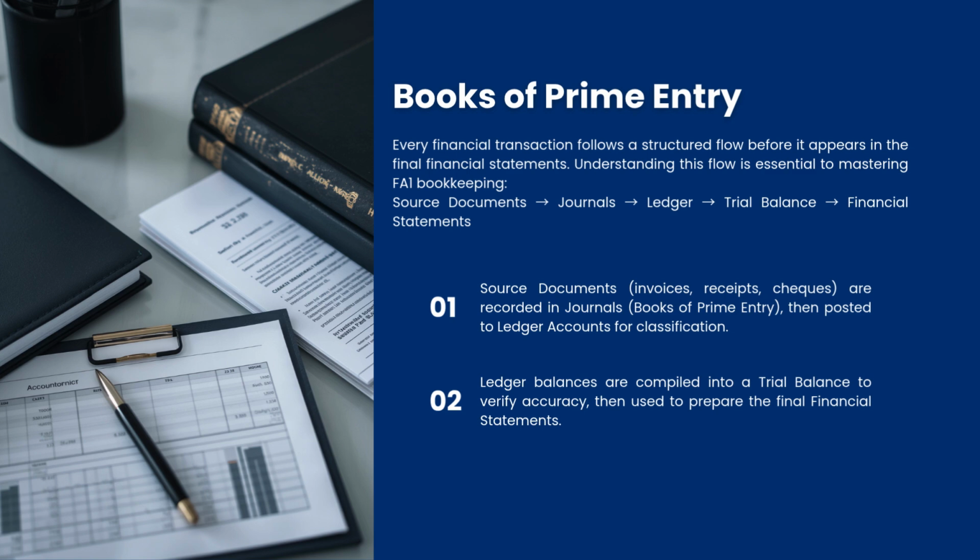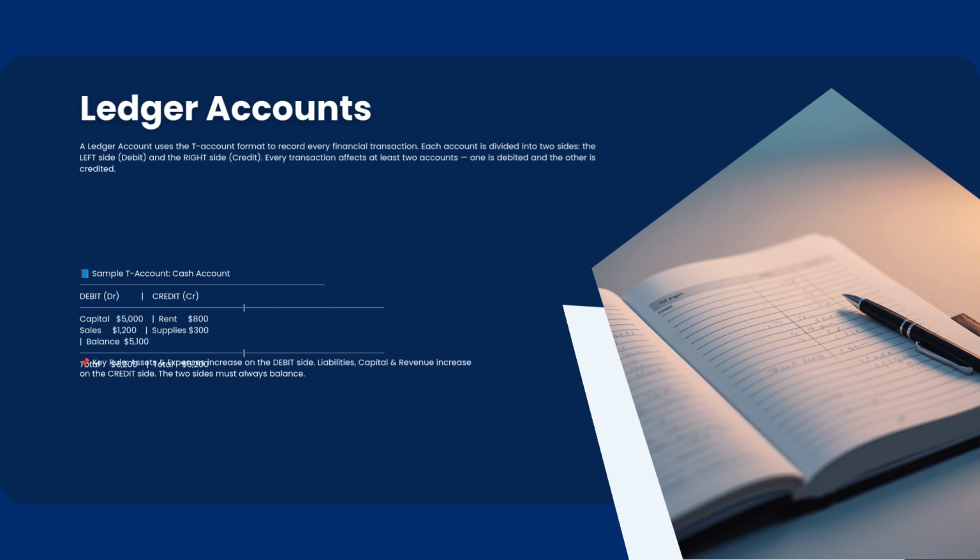These are the books, or tools, in which we record the day-to-day transactions. And these are seven in number. We will be covering each of them in detail in FA1 throughout the syllabus, throughout this playlist.